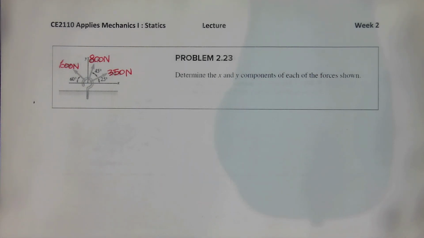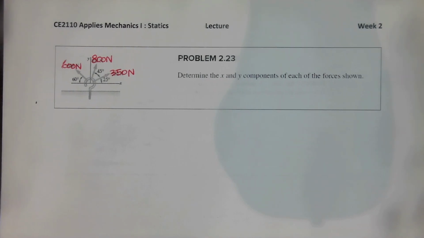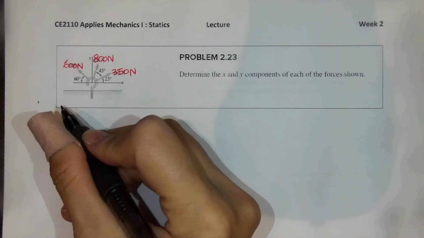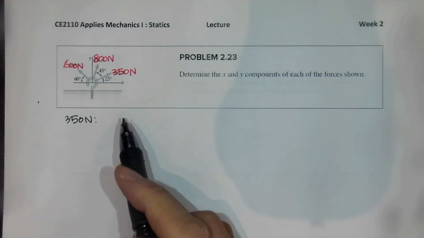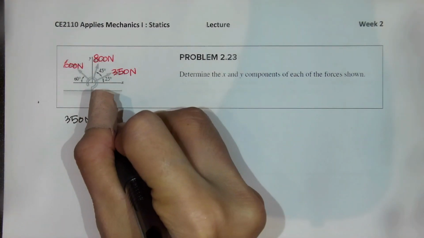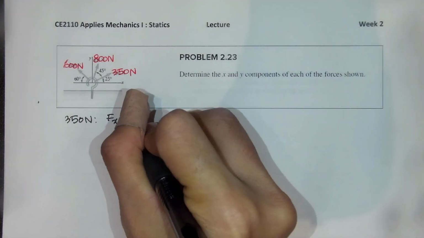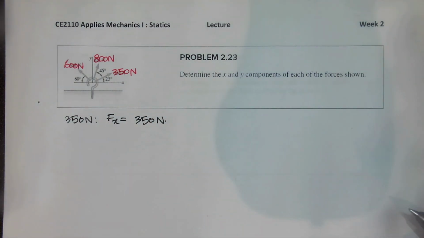Okay, first one. Determine x and y components of each force shown. So it's kind of easy. So first one, 350 force here, right? And then what is x component? Fx is magnitude times cosine or sine, 25 degrees.